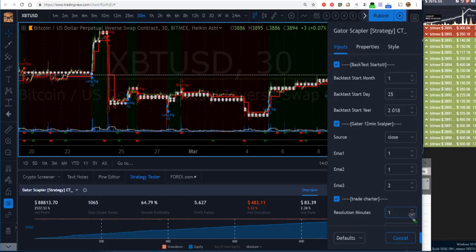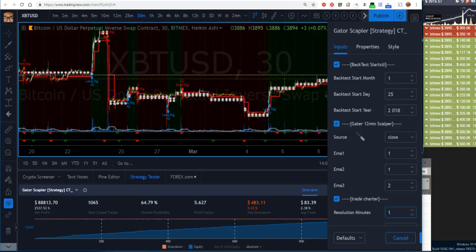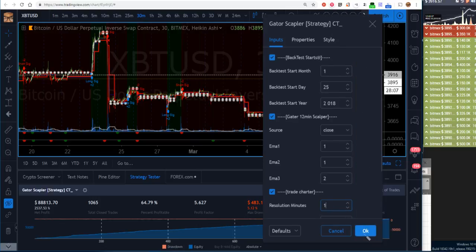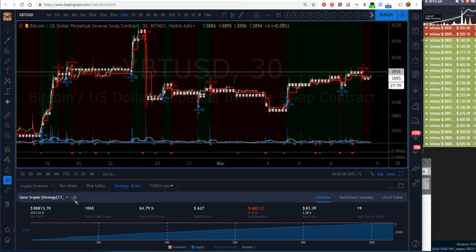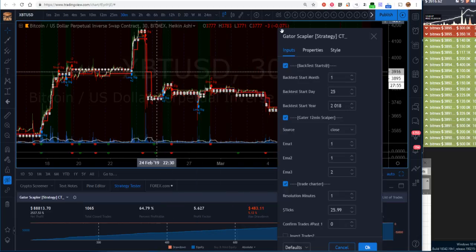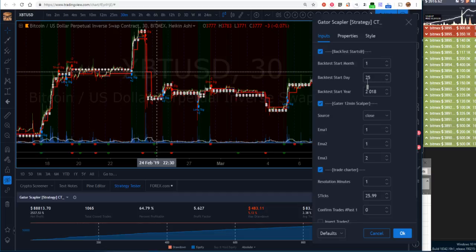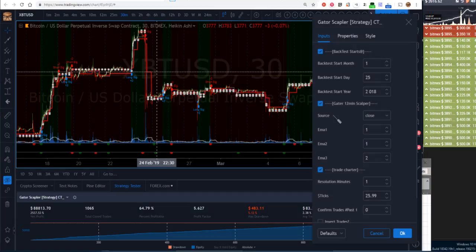This is interesting. All right, so what I'm going to do is record this. Fix the resolution. Just click OK, didn't I? All right, so we'll pull this down some. This is on a 30-minute chart. It's pretty good settings. Okay.